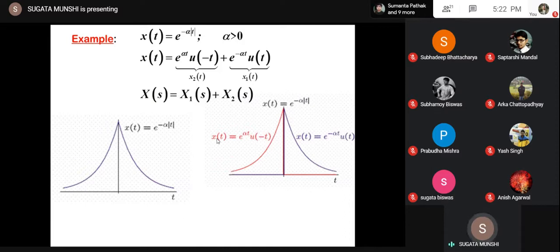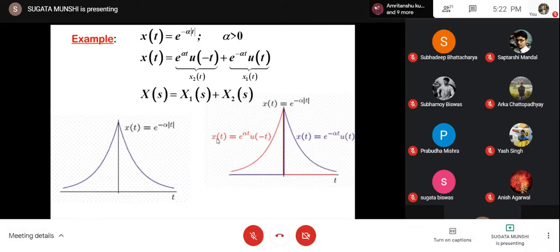So X2(-s) will be 1 by s plus alpha, and so X2(s) will be 1 by minus s plus alpha.